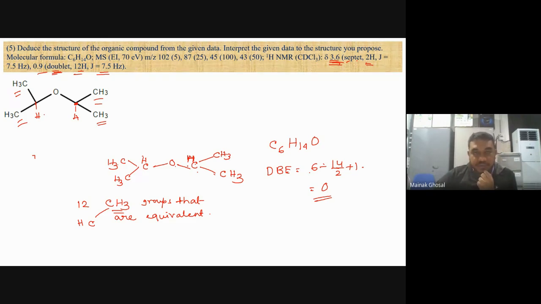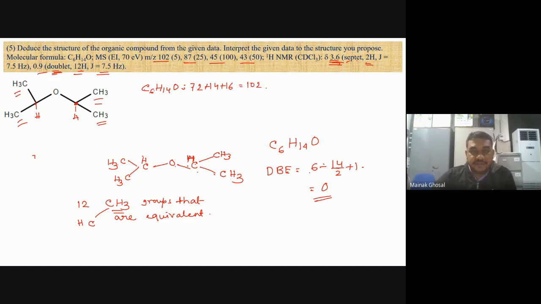Now you know it shows these mass fragments: 102, 87, 45, 43. Now what will happen? You see 102 is mostly the molecular ion peak, C6H14O: 72 plus 14 plus 16, so 102.